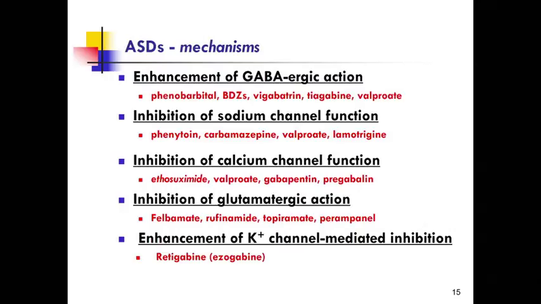If you open potassium ion channels in a neuron, there will be hyperpolarization. The neuron will be suppressed from sending impulses. Okay? So potassium channel openers, if they can get into the brain and affect the neuron, are anti-seizure agents. So retigabine, also called ezogabine, was that drug. I think it had a lot of side effect issues. I don't know whether they've recalled it or don't prescribe it so much.